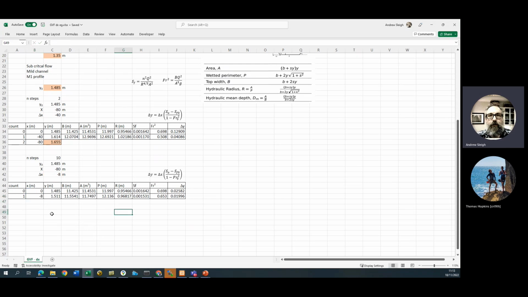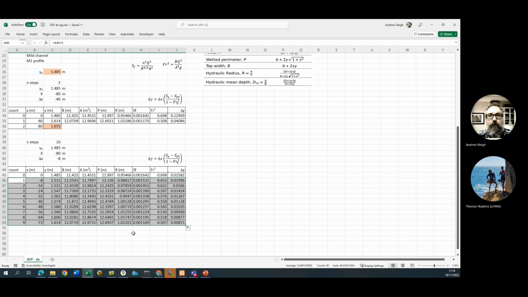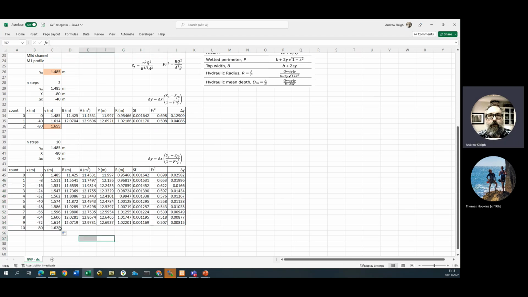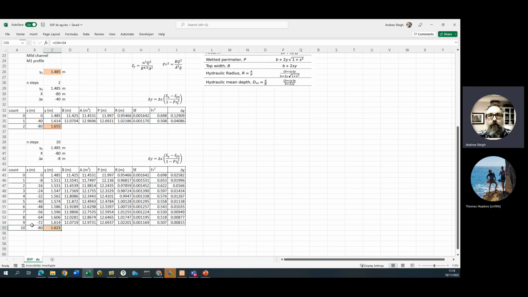Okay. So highlight that second row, drag this down so we've got 10, 9, and drag this one more down so we get the last value, and here is our last solution value. So at minus 80 meters, which is where we want to be, the depth is 1.623.